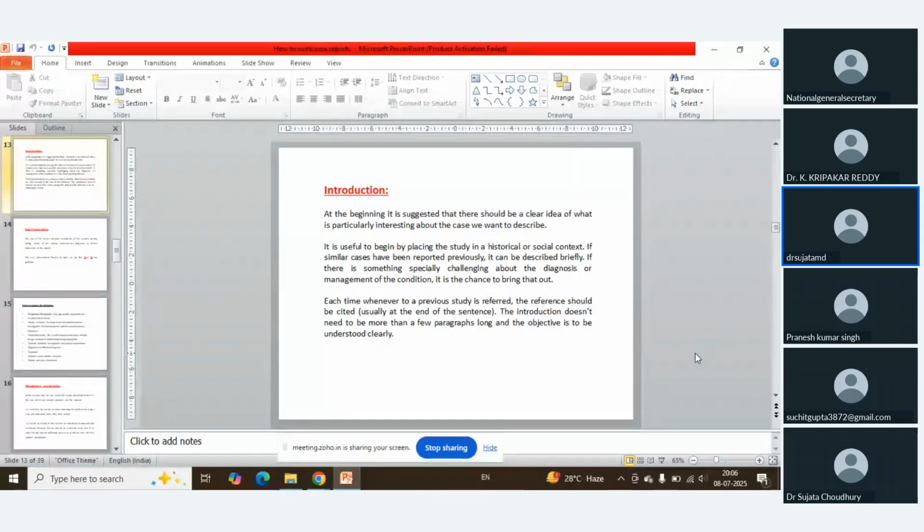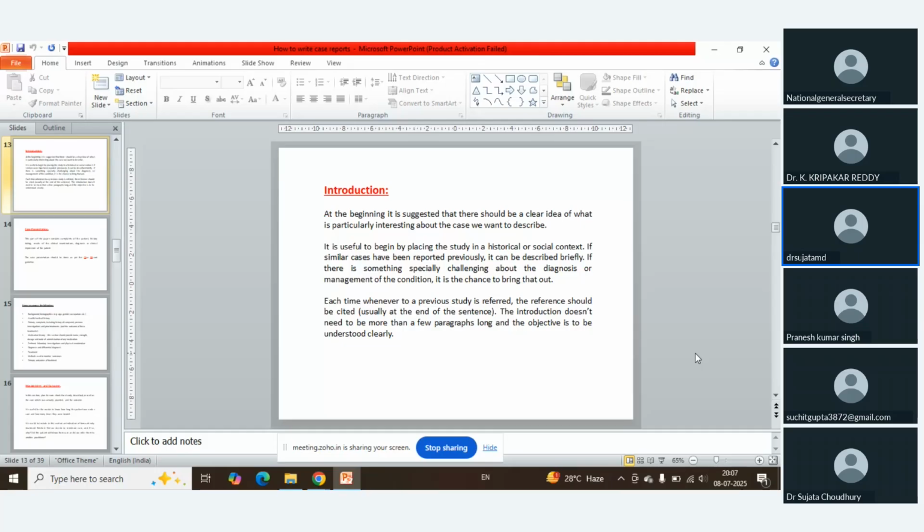In the introduction, we have to give an overview of the disease: the causation, etiology, clinical features, how it is diagnosed, the treatment available, what we can contribute through our case study, the cases already published, or any research work done on that disease. So it is a clear idea about that particular topic.